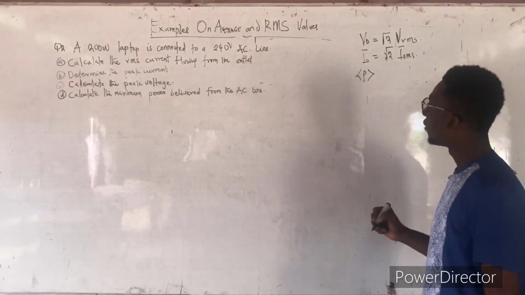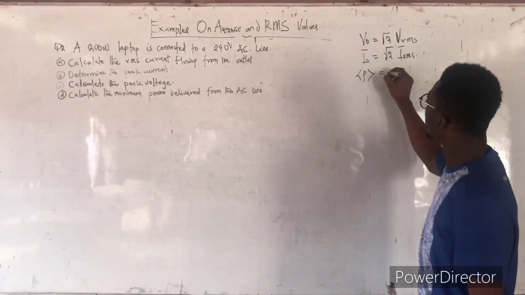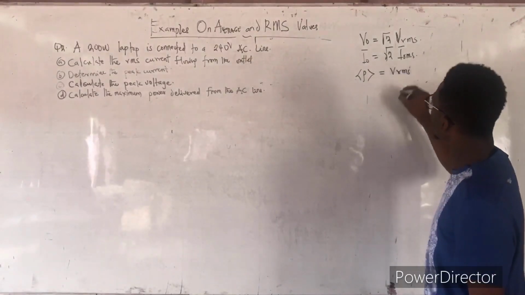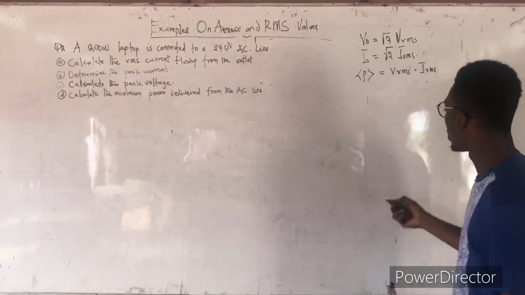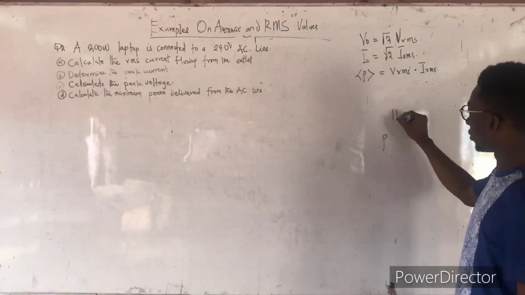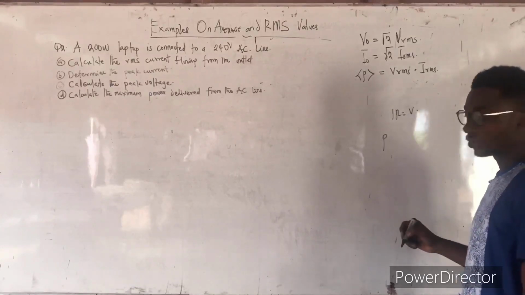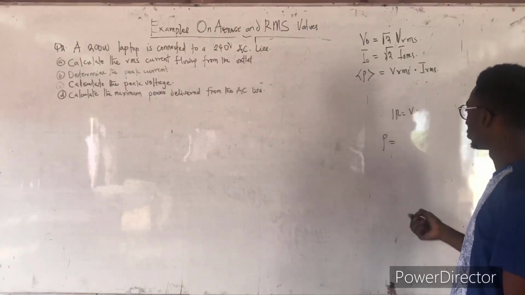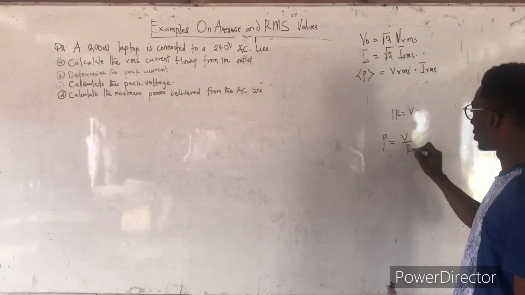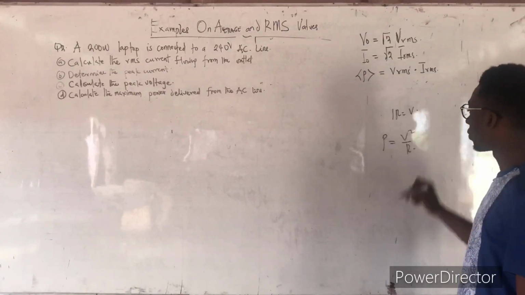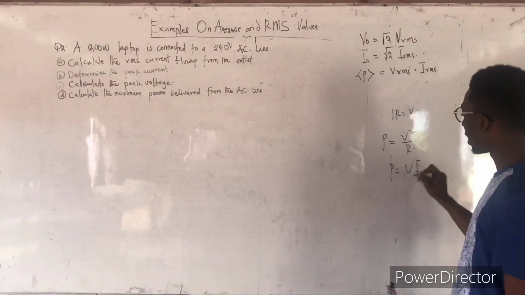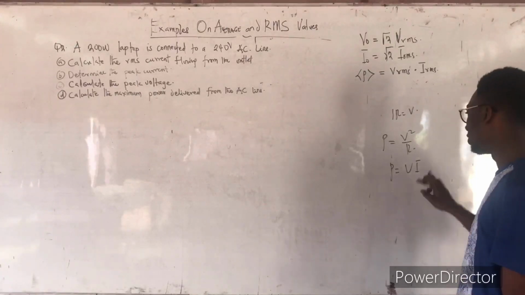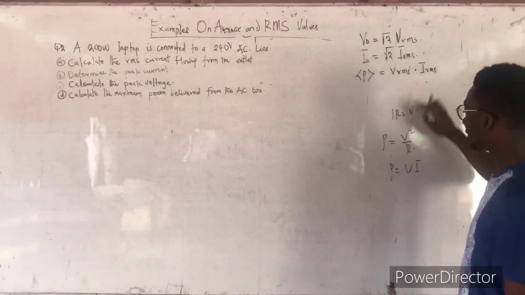If you want to find the average power, it's always the VRMS multiplying the IRMS, because you understand that R is equal to V on I and power is equal to V squared on R. So you can say power is also equal to V times I. Power is equal to IV. So from this relation, that is when you are getting this.